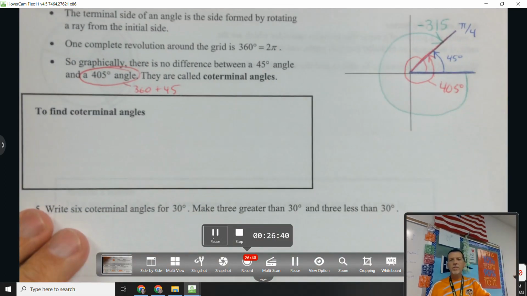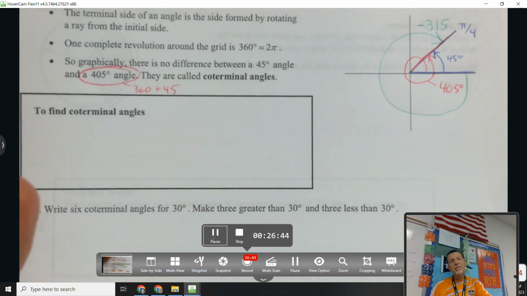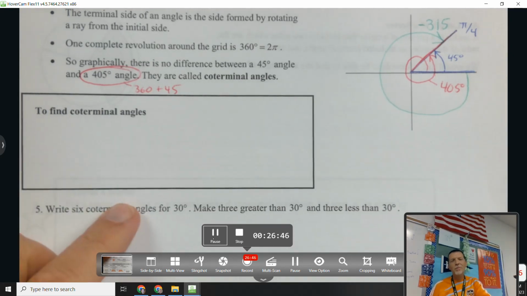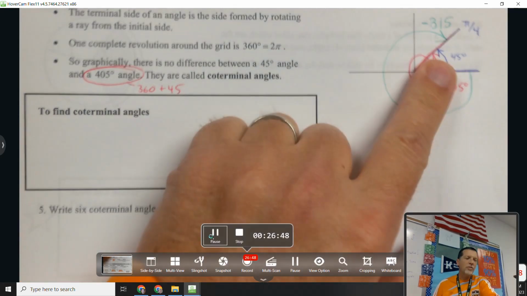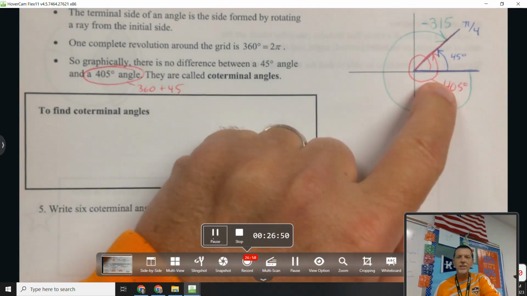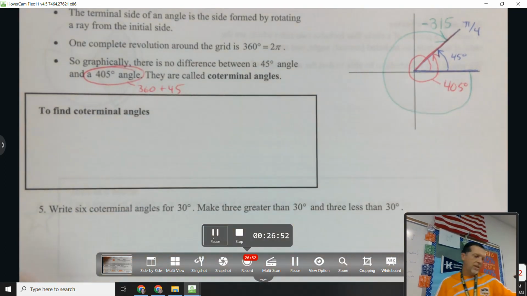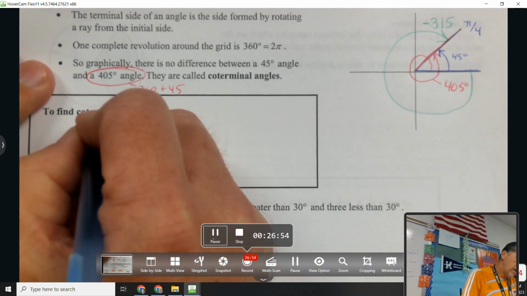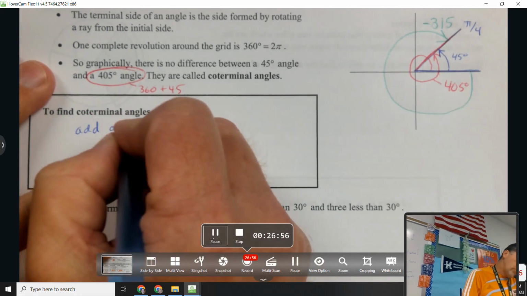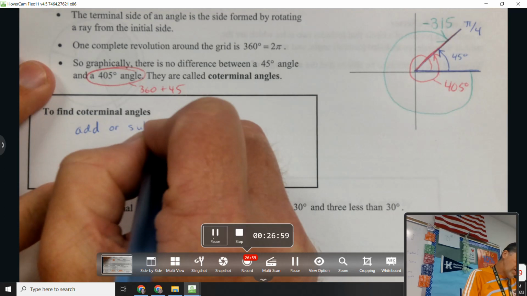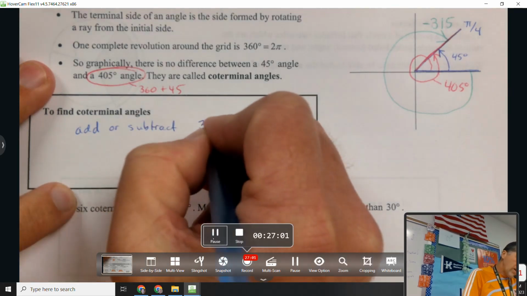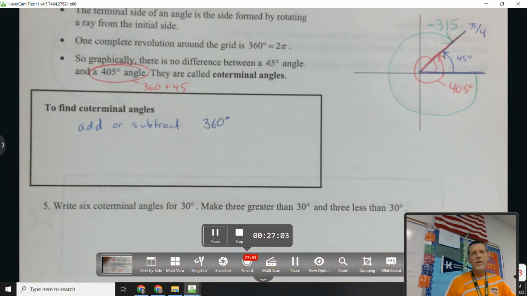How do we get from 45 to 405? So you could add or subtract 360 degrees as many times as you would like. So you could add 360 and then add 360 and then add 360 and then add 360.